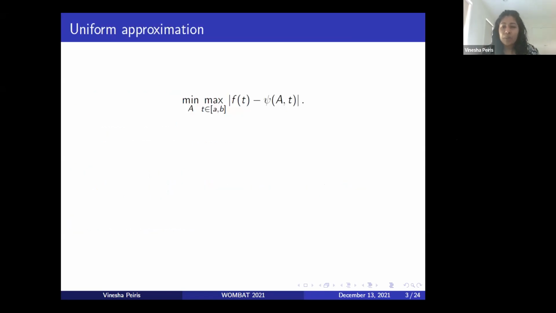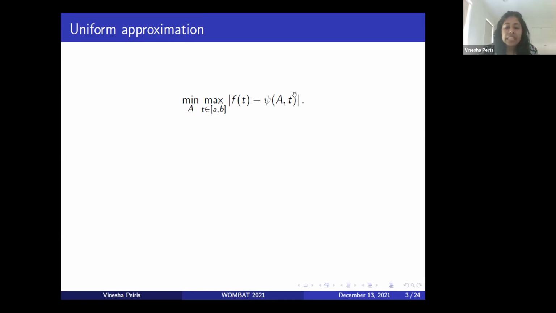So in uniform approximation, we are trying to minimize the maximum deviation of the approximation from the original function. Uniform approximation is also known as Chebyshev approximation, approximation in uniform norm or in Chebyshev norm. So this is the formulation of a uniform approximation problem in general. We have this function f of t, which is my original univariate function, and then I have psi of A t, which is my approximation.